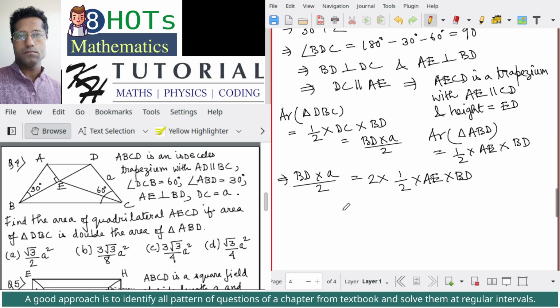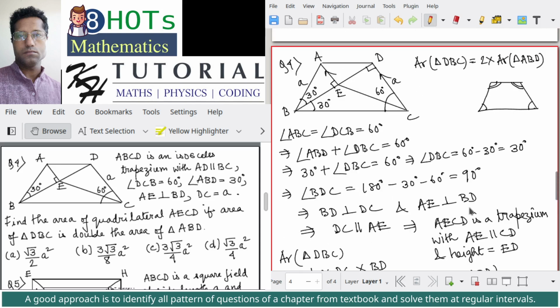So BD will cancel from both sides, and we get AE in terms of A. Half of BD cancels out, so AE is A by 2.